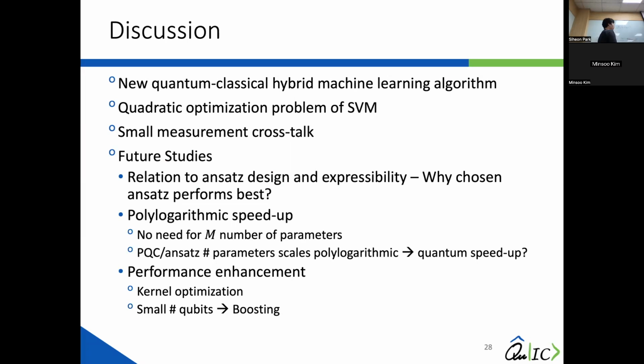But from the strong duality, alpha should be very sparse. Which means most of the alpha_i is zero, right? Which corresponds to training data which is not a support vector. But some alpha that is a support vector is non-zero. So I'm trying to look for an ansatz that encodes this kind of condition, or you can call this symmetry.